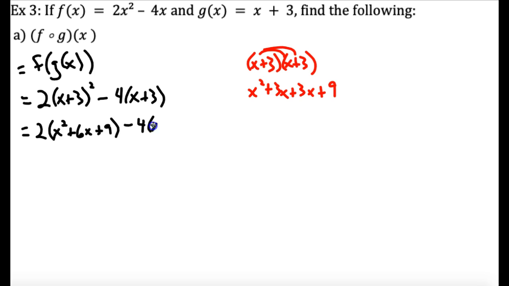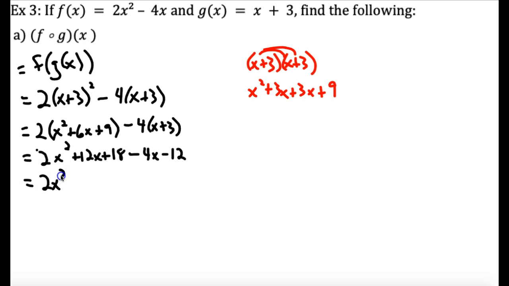And minus 4 times x plus 3. Then distribute these, so 2x squared plus 12x plus 18, and then distribute this negative 4, so minus 4x minus 12, and finally combine like terms. So we'll get 2x squared plus 12x minus 4x would be plus 8x, and plus 18 minus 12 would be plus 6.